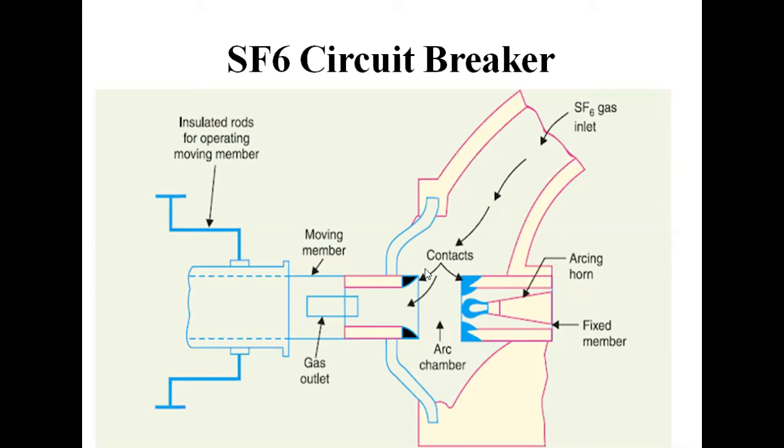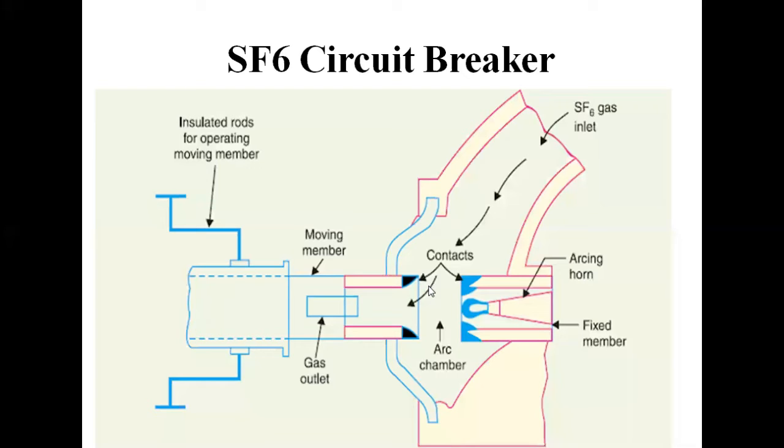Now let us see the working of the SF6 circuit breaker. Whenever there is a short circuit, the relay gives a signal to the moving member, and the moving contact starts separating from the fixed contact. The movement of the moving contact is synchronized with the opening of the SF6 gas valve.